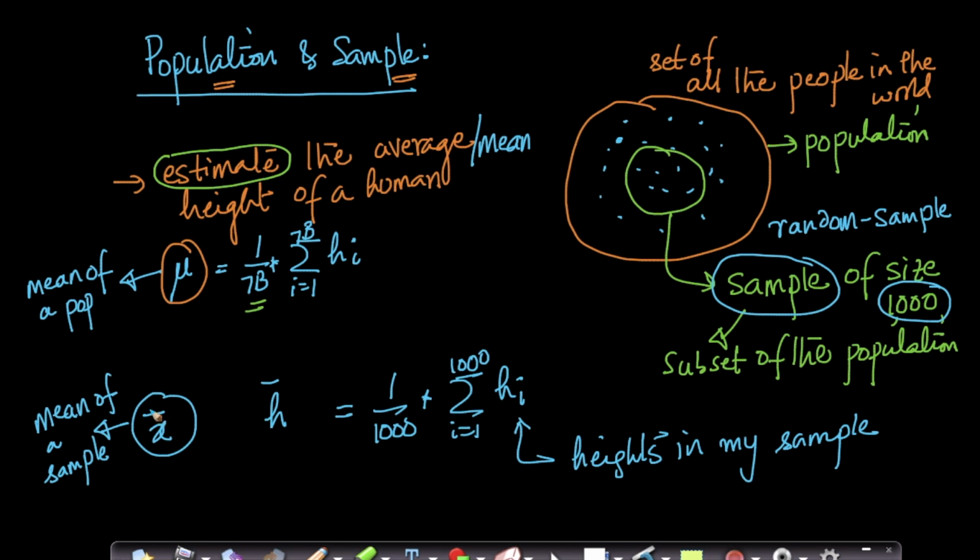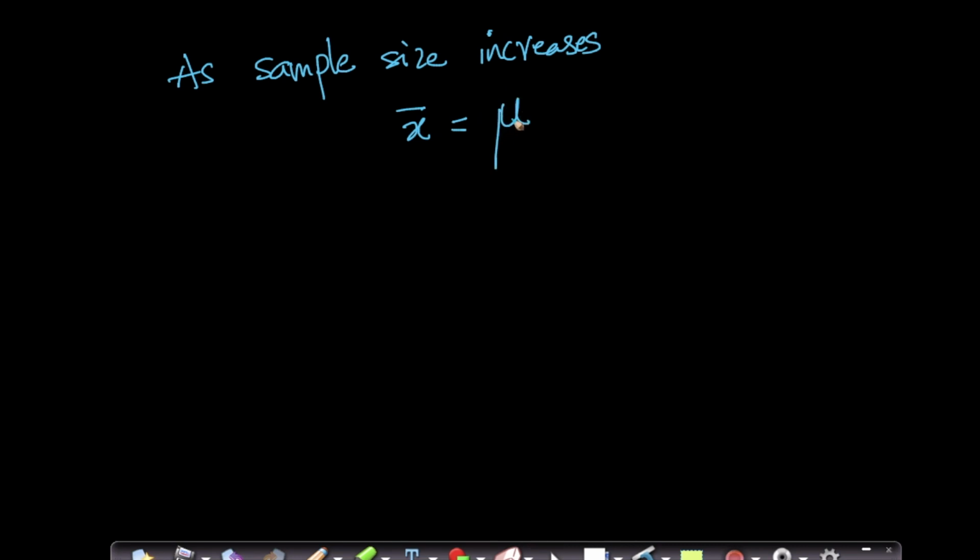Another thing to note is, as the sample size increases, when it becomes fairly large, your sample mean becomes equal to your population mean.